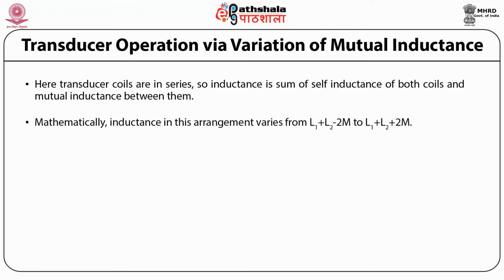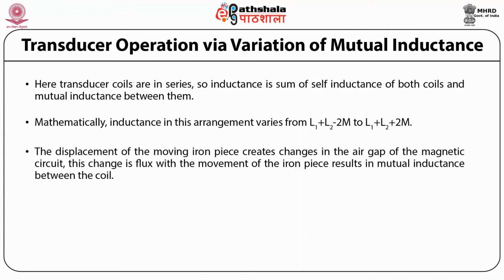Mathematically, inductance in this arrangement varies from L1 + L2 - 2M to L1 + L2 + 2M. The displacement of the moving iron piece creates changes in the air gap of the magnetic circuit. This change in the flux with the movement of iron piece results in mutual inductance between the coils. This mutual inductance can be sensed by the bridge circuits.